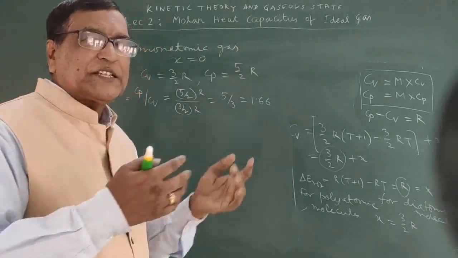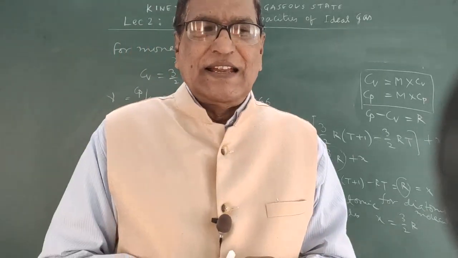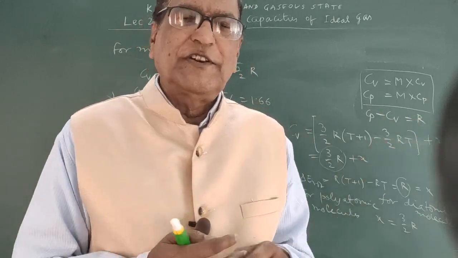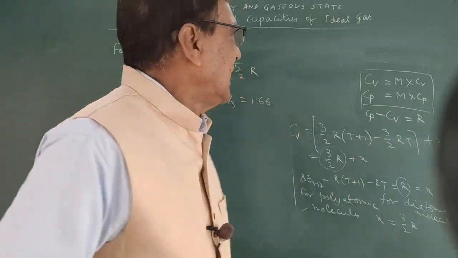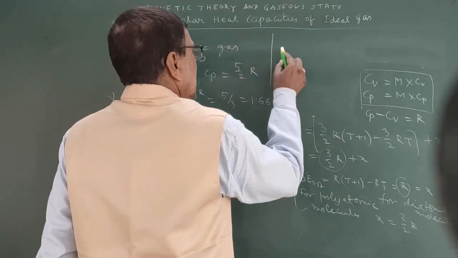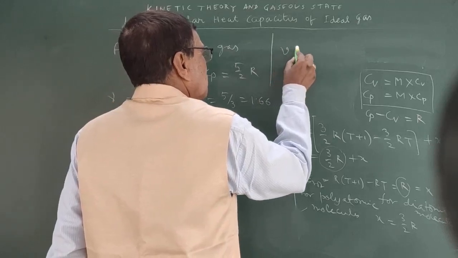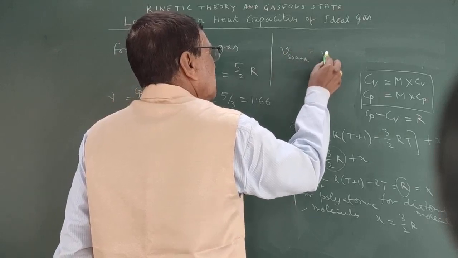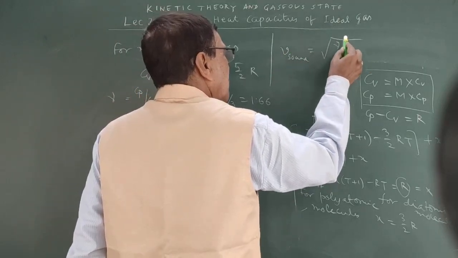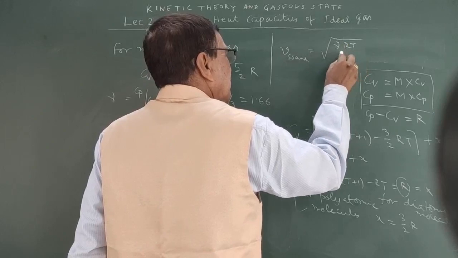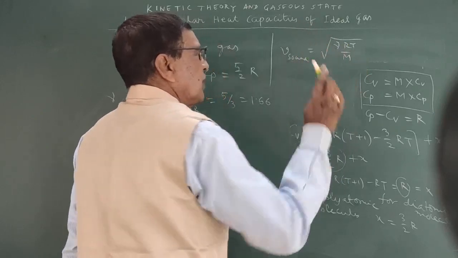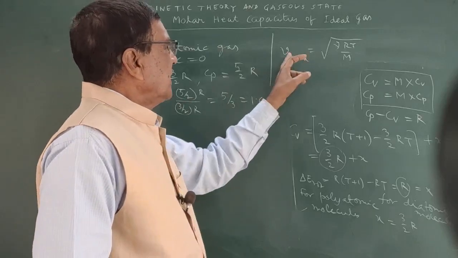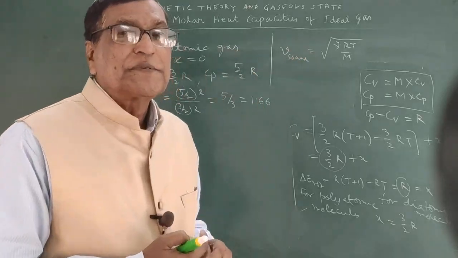Gamma could be determined experimentally by measuring the velocity of sound. The velocity of sound V is equal to the square root of gamma RT by M, where M is the molar mass, T the temperature, gamma the molar heat capacity ratio, and V the velocity of sound.